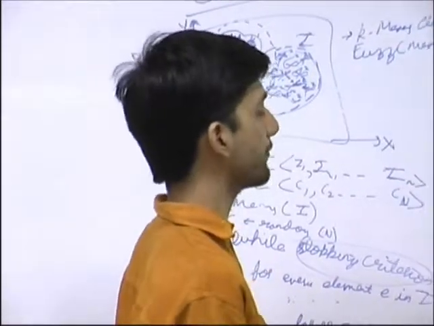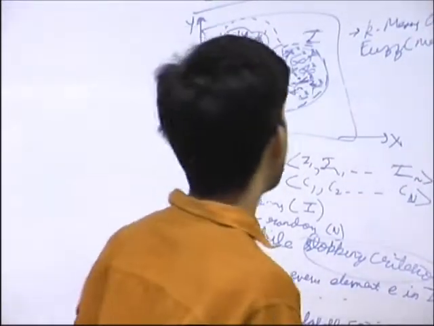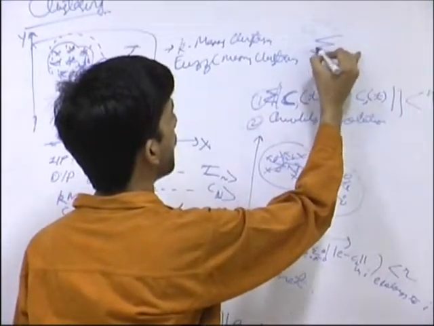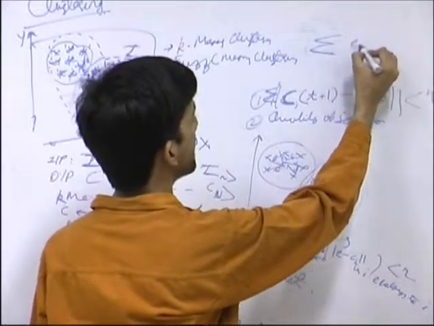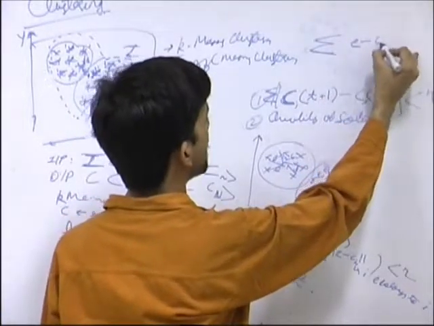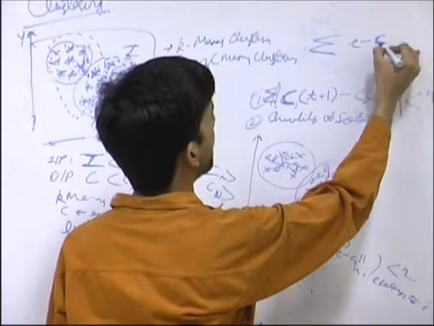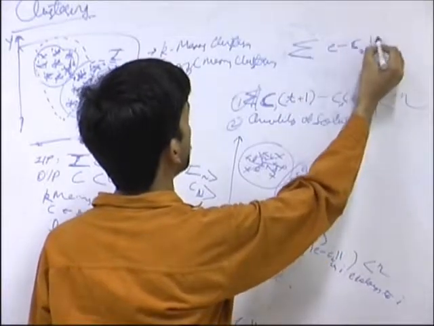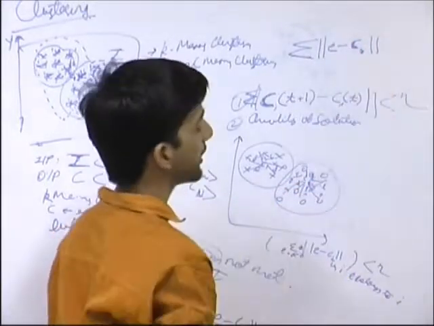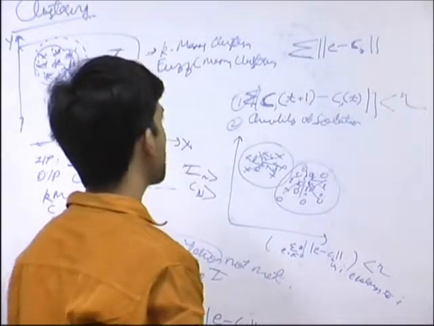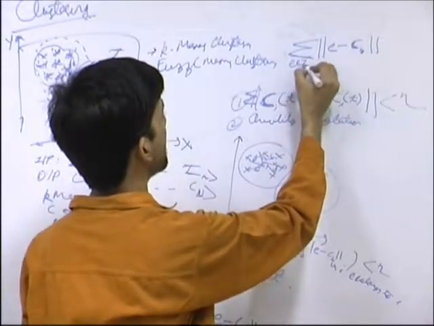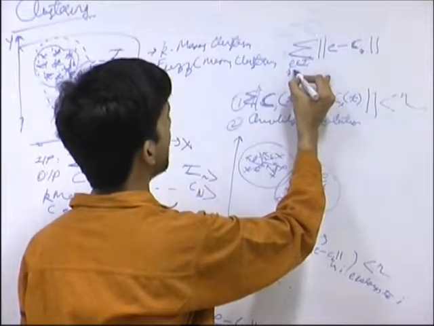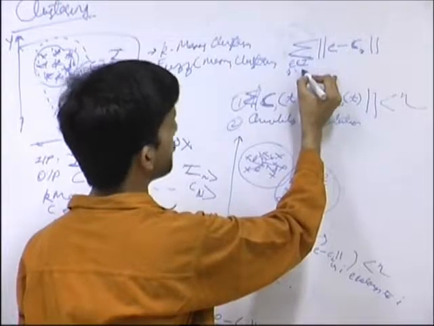So formally my quality of solution would mean that when summed over all the elements E, the distance of E to the cluster center J has to be minimal. Here E is any element, and J is the cluster to which E belongs.